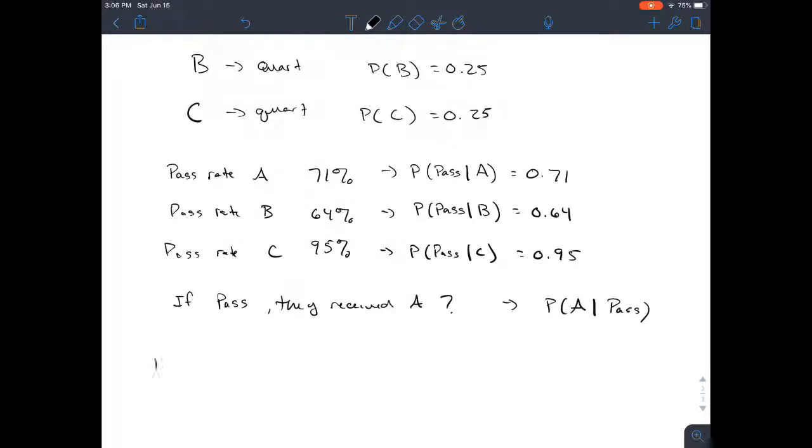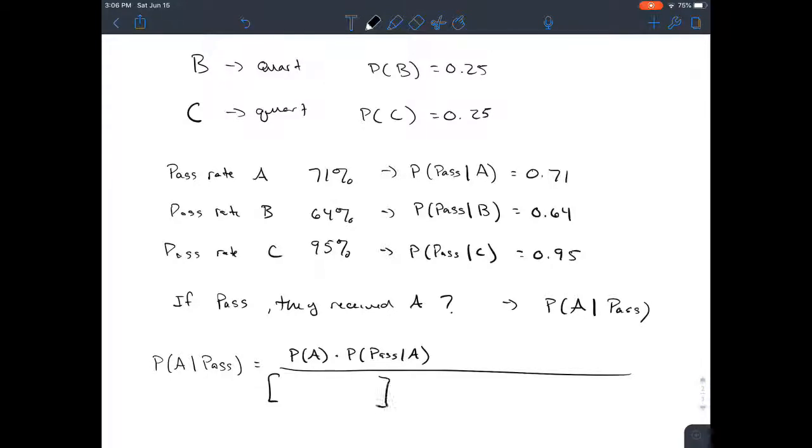And what the question asks us is, what's the probability that if they pass, they received A? What that means is we want to find the probability they received test A given they've passed the test. And again, this fits exactly that Bayes' theorem extension. So I want to know the probability they got test A given they passed the test. And now we can fill in that Bayes' theorem. So that means I want the probability they received test A times the probability they pass given they have A, divided by, and now we have that three-part denominator.